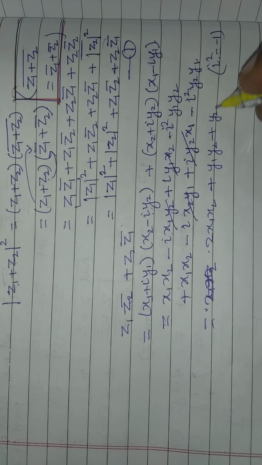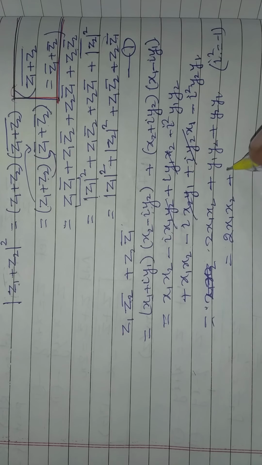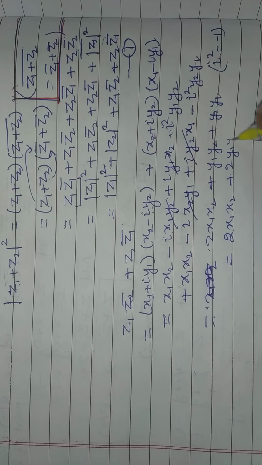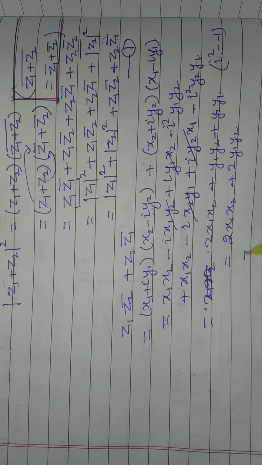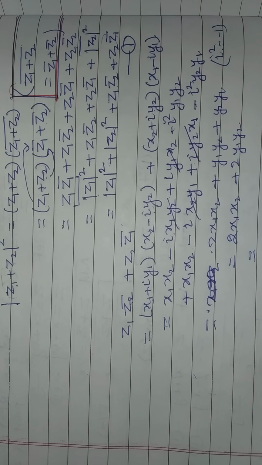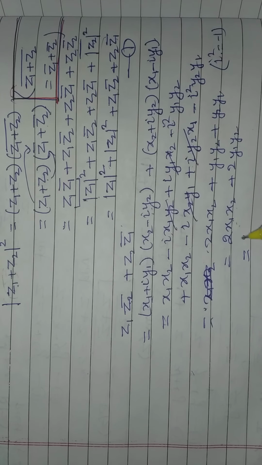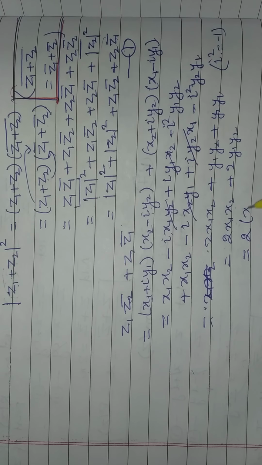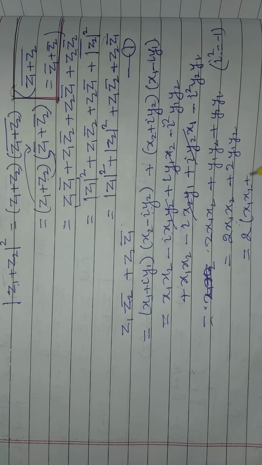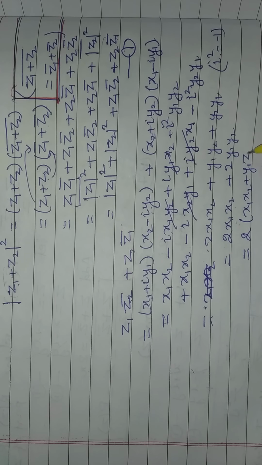So twice x1 x2, twice y1 y2. Here 2 will be taken common: x1 x2 plus y1 y2.